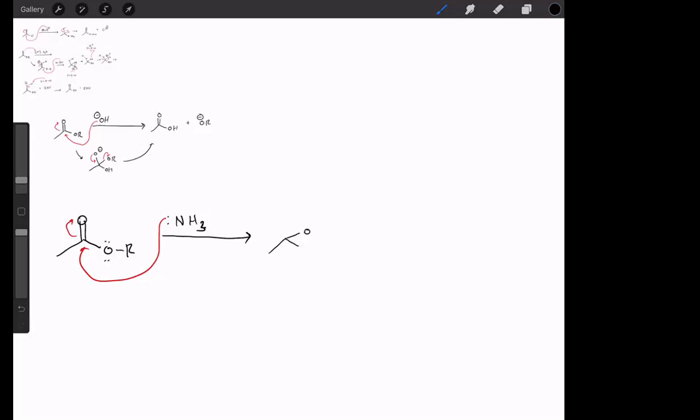The reason in this case is because the reagent itself is neutral, and my intermediate now is neutral as well. So this and this are overall neutral.